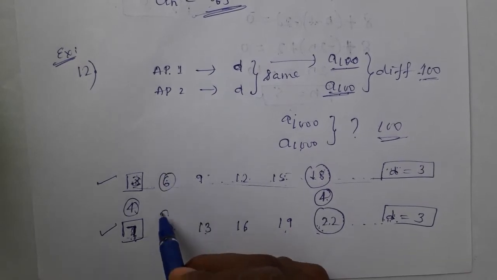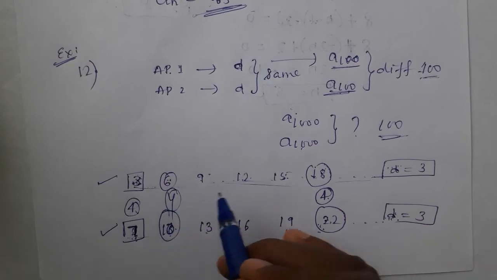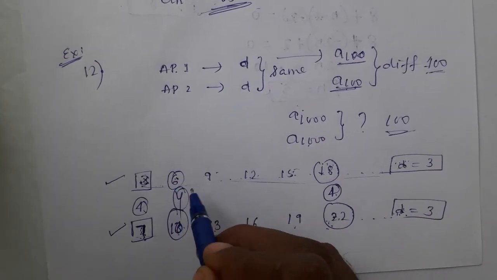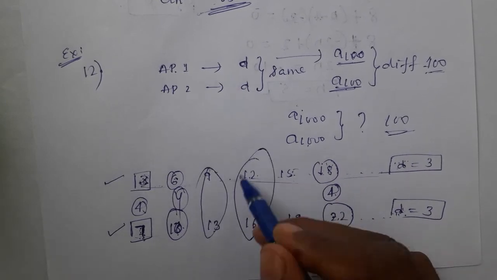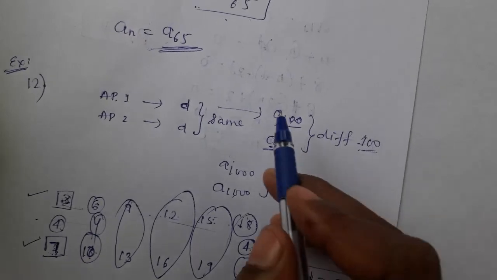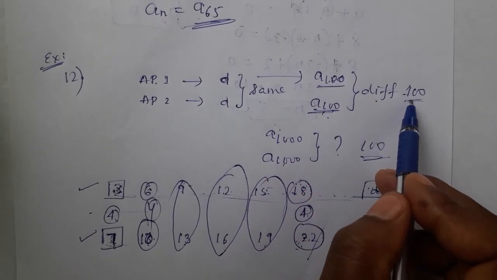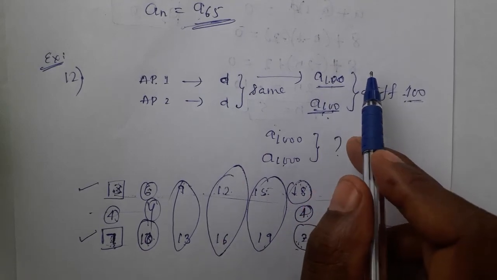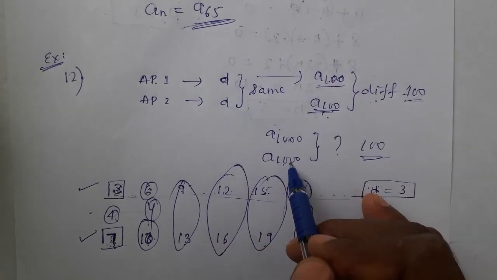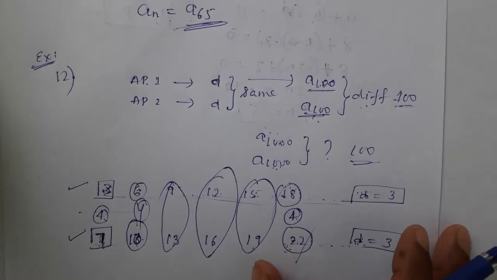In the second term the difference is also 4, in the third also the same, fourth also the same, fifth and sixth also the same difference they maintain. Similarly here, the difference between the 100th terms is 100, then the 101st term difference is also the same, the 99th also the same, and the 1000th also the same. So the difference between their 1000th terms is also 100 only.